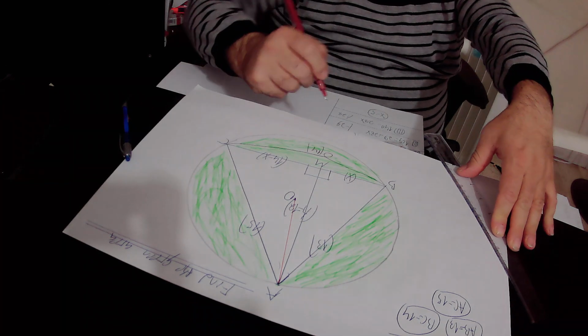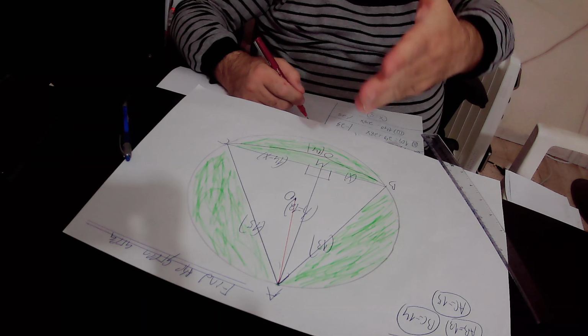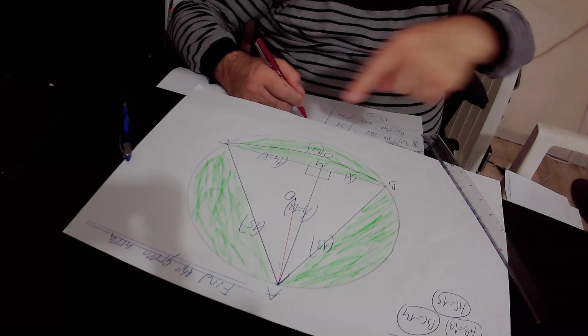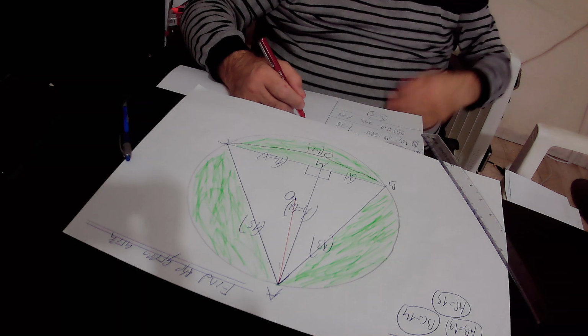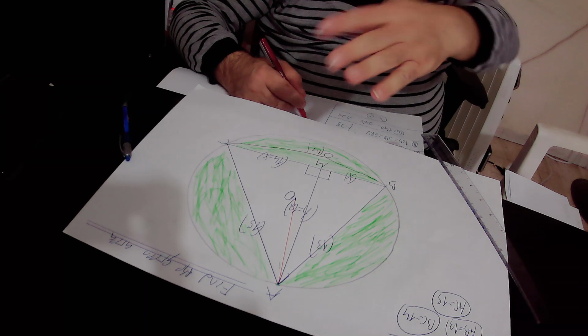Point O is the center of the circle, point A is a point on the circle itself, therefore OA is the radius of this circle. We'll define the radius of this circle as capital R.